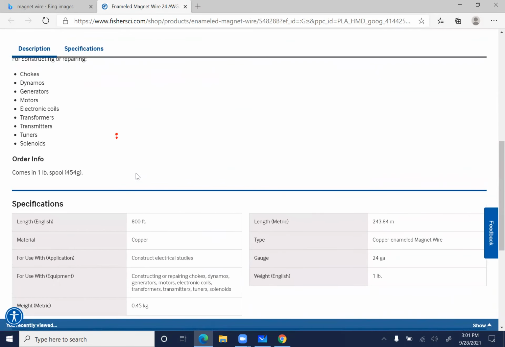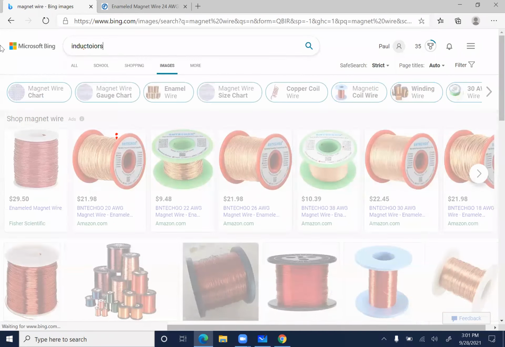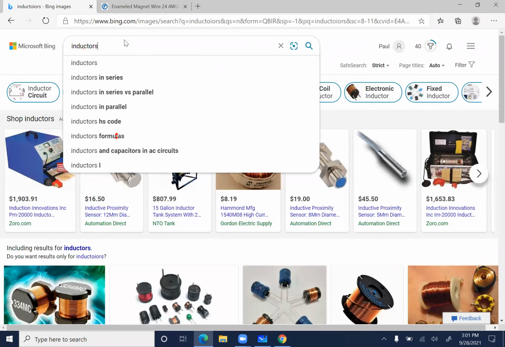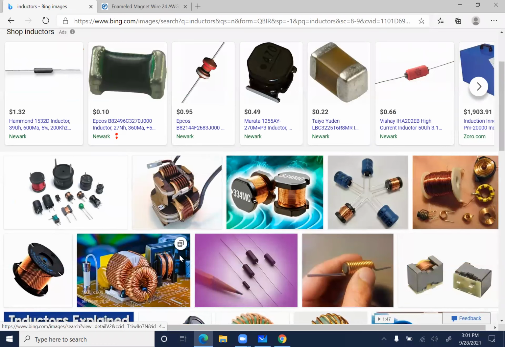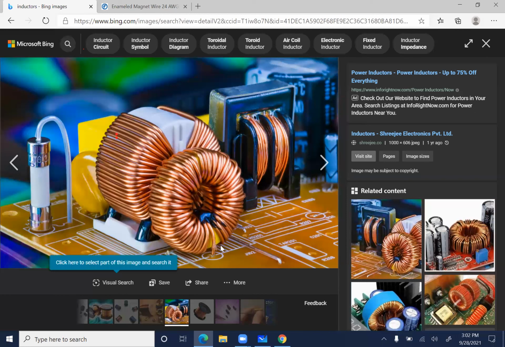But if you look at standard inductors, you can build them here. It's hard to see, but you can see that little yellow piece right here. That's a piece of metal, usually steel or iron.